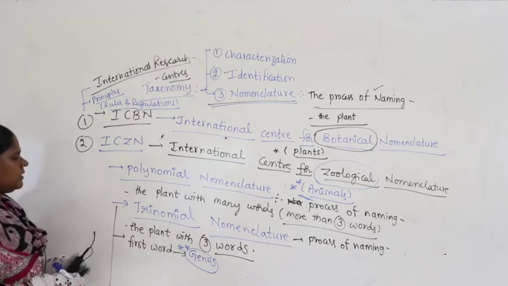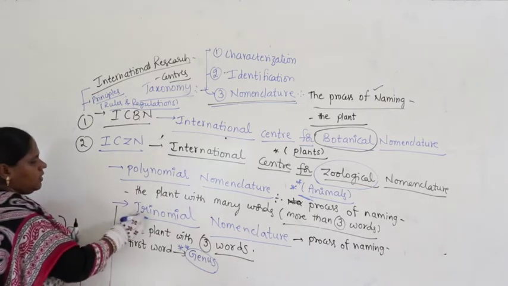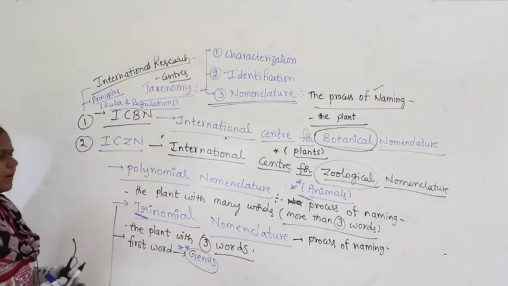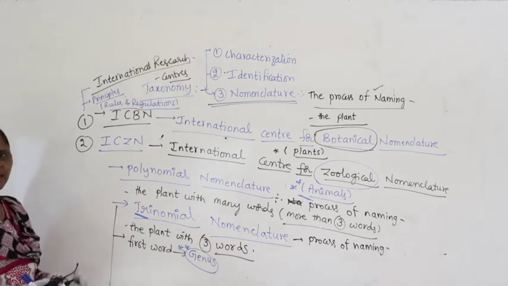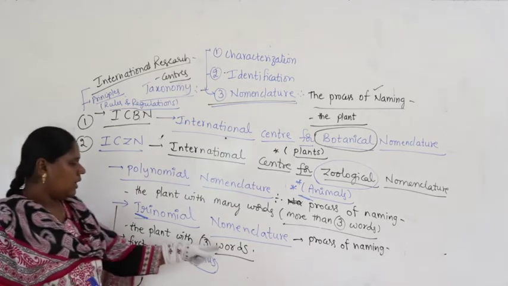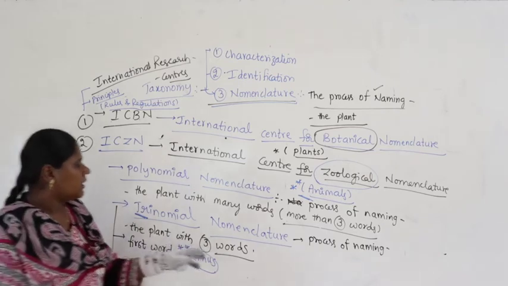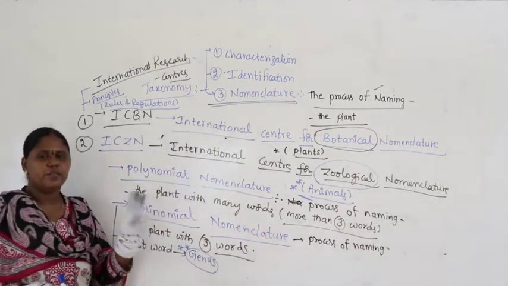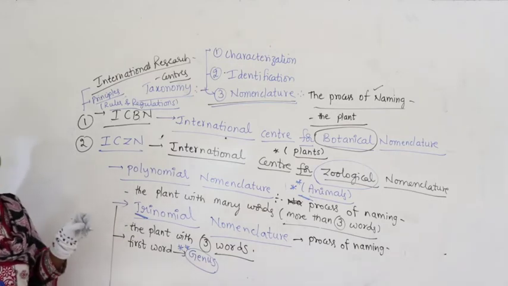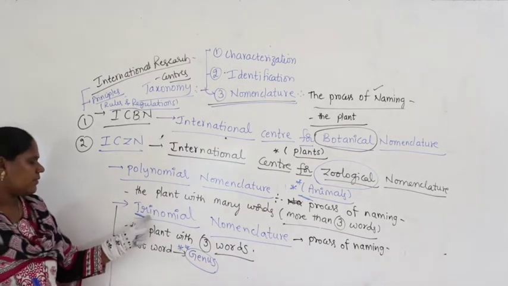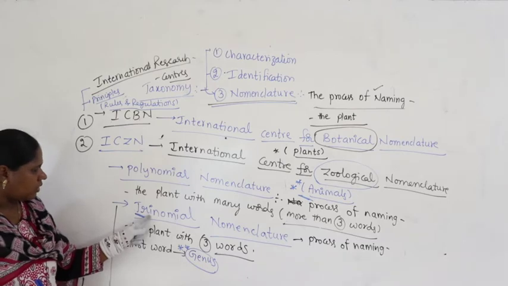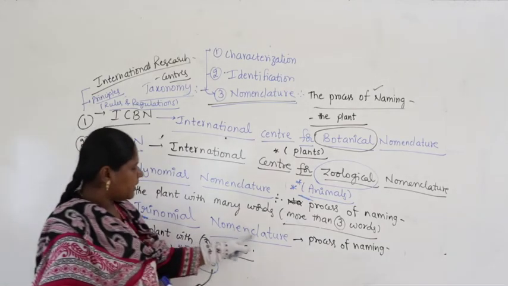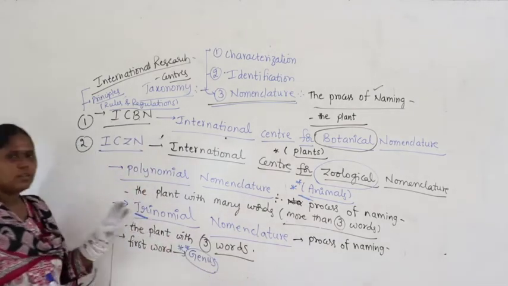So what is the meaning of this? Tri means 3 words. So the scientific name of the plant, the scientific name of the animal, must include 3 words. That is the process of naming the plant with 3 words. If 3 words are there, then that is called a scientific name, and that comes under the type of nomenclature called trinomial nomenclature. So what are the 3 words?